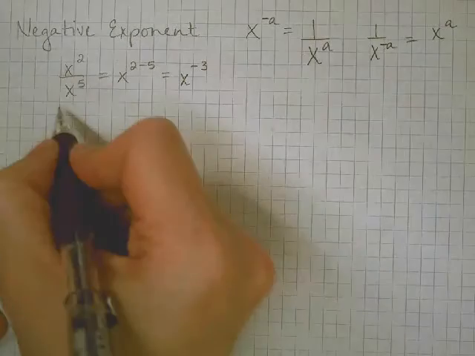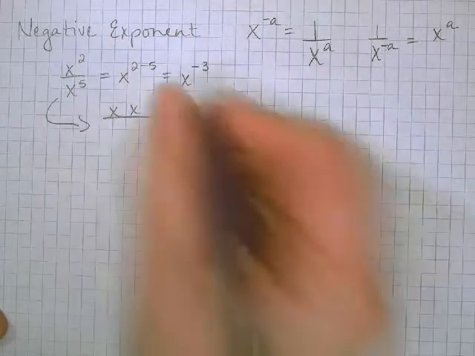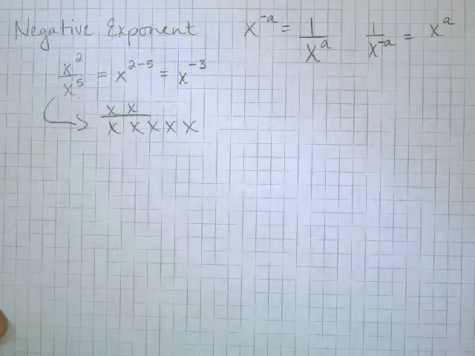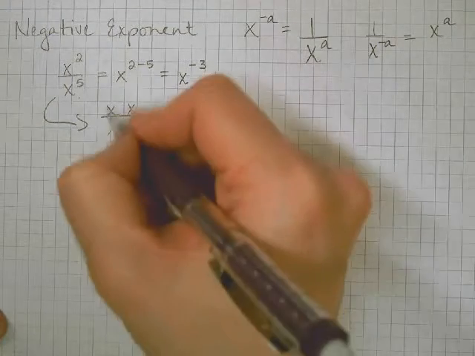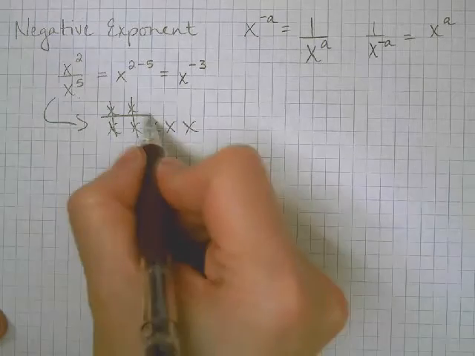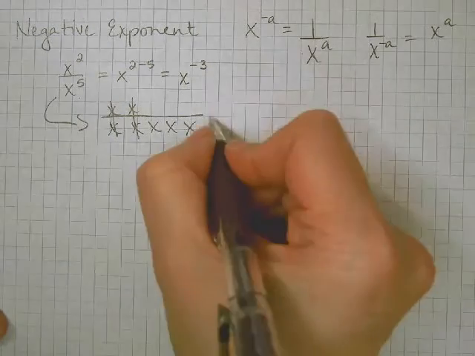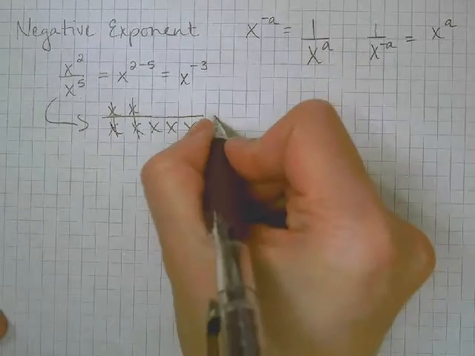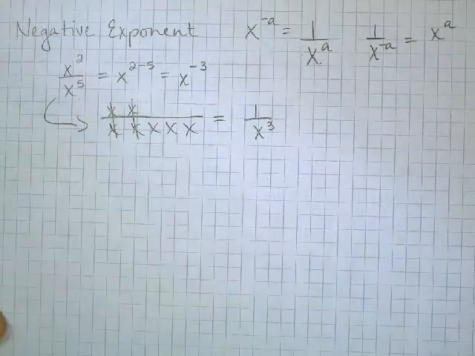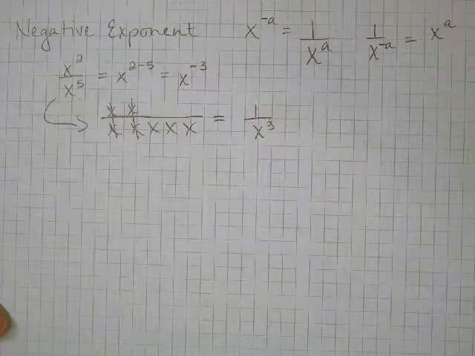So the reason this one works, if I have x to the 2nd, so that's 2 x's on top, x to the 5th on the bottom, and I divide these out, what I'm left with are 3 x's, but they are on the bottom. So what I need to do, because these divided out to be 1, is this is 1 over x to the 3rd. So that is why the negative exponent rule works.